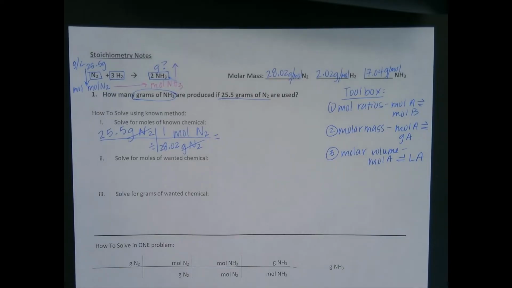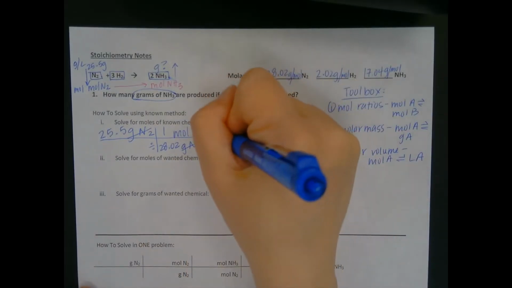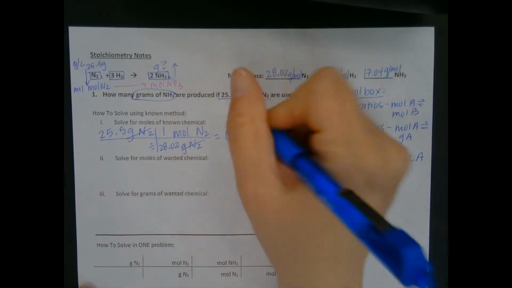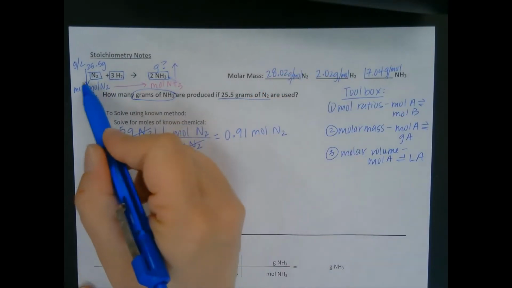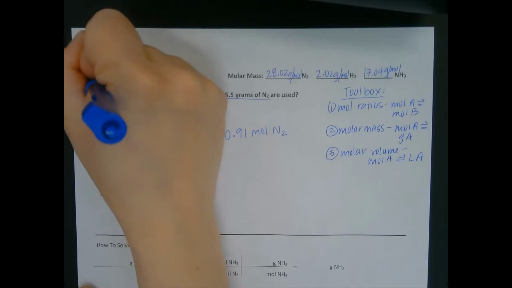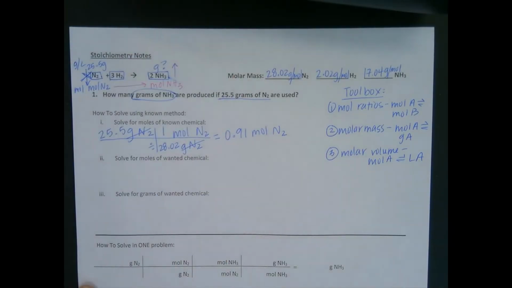When you get an answer, hold your calculator in the air. All right, brilliant. What's the answer for this one? 0.91 mole of N2. This first arrow, I'm done. I just did that step, so I'm going to cross it out.